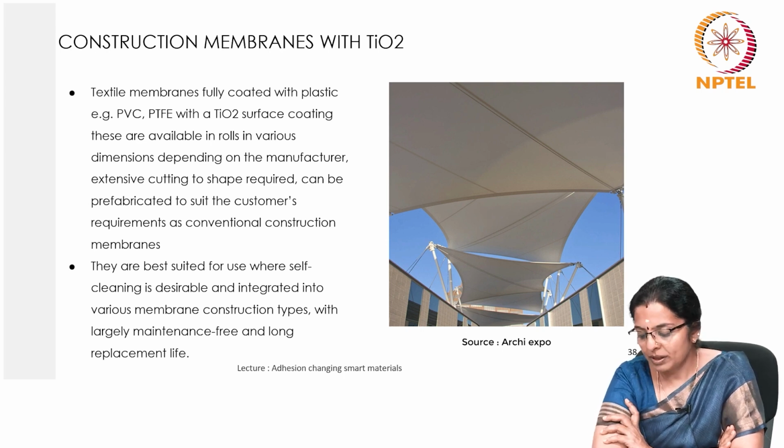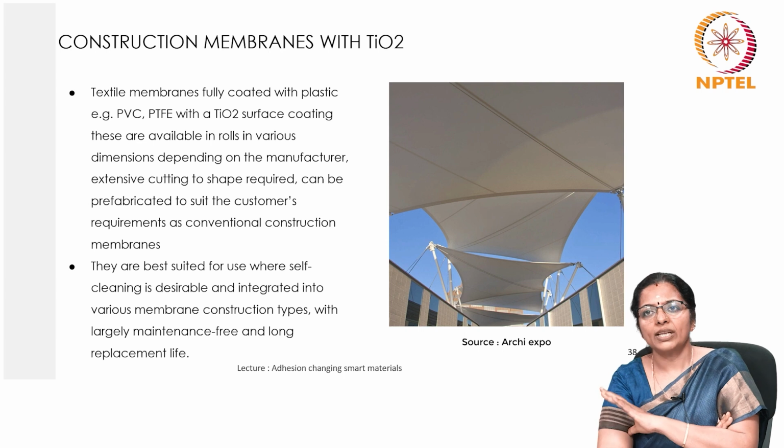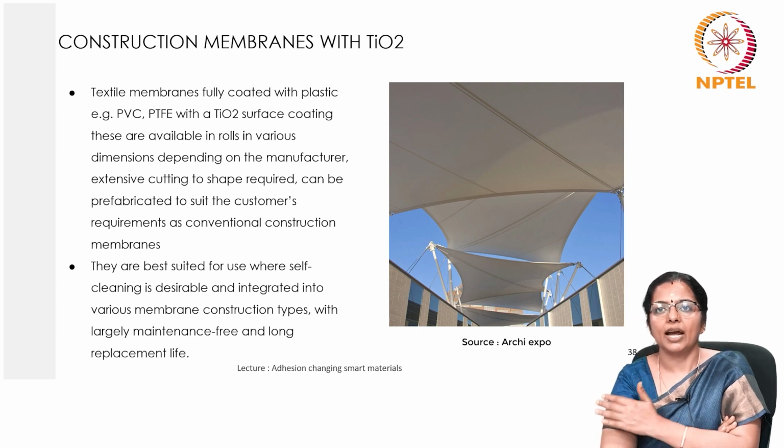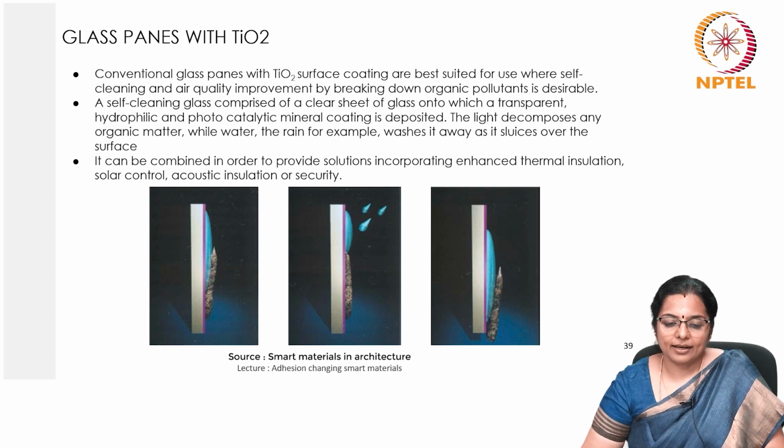These can also be prefabricated to suit the customer's requirements as conventional construction membranes. They are best suited for use where self-cleaning is desirable and integrated into various membrane construction types, with largely maintenance-free and long replacement life. Let us look at glass panes with titanium dioxide.